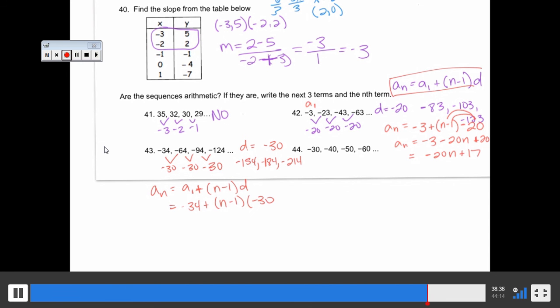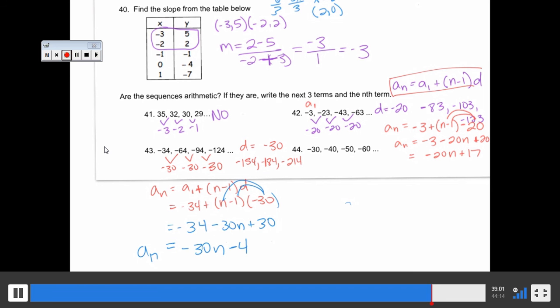We have to do the exact same thing where we distribute. So negative 34 minus 30n plus 30.